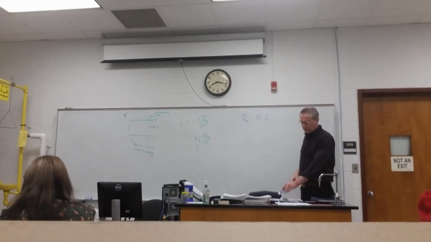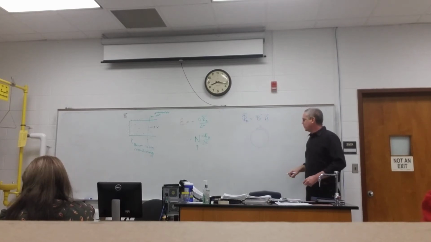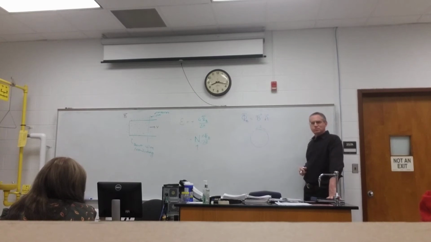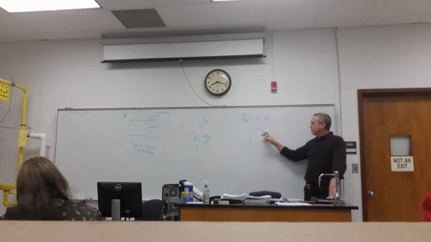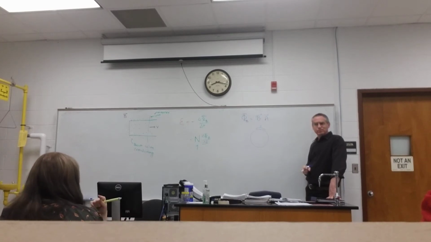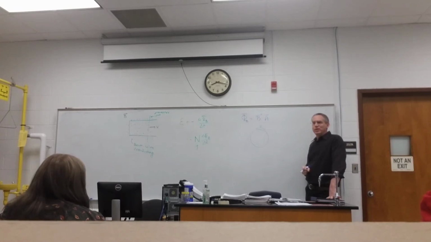Let's also flash back to: if I have a wire here with a current flowing this way, what is the direction of the magnetic field that is induced inside? If I have a current flowing counterclockwise, what is the direction of the magnetic field inside the loop? Out of the board. Why? Right angle?